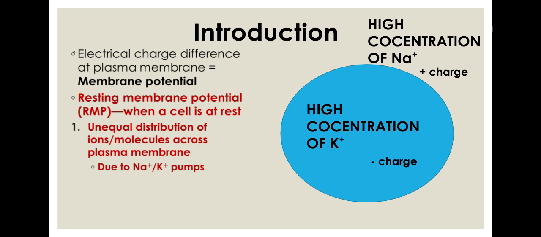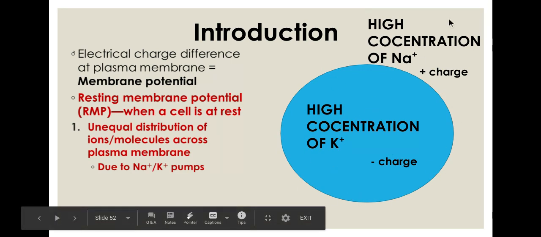And it happens because of this unequal distribution of ions because of those sodium and potassium pumps. Okay, so we've got a high concentration of sodium outside. We've got a high concentration of potassium inside. But there's a difference. So inside has a negative charge, outside has a positive charge.